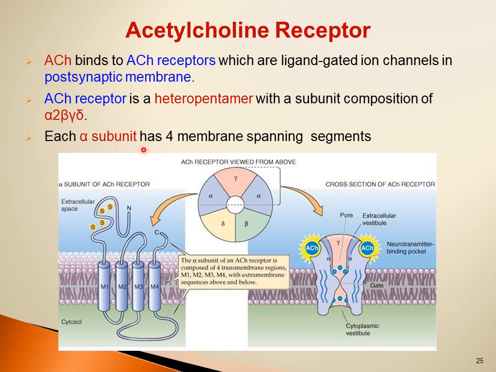Each alpha subunit has 4 transmembrane spanning segments, as we can see here, and the entire receptor has 5 subunits. Acetylcholine binds to the alpha subunit, so we need 2 acetylcholine molecules per receptor because the receptor has 2 alpha subunits.